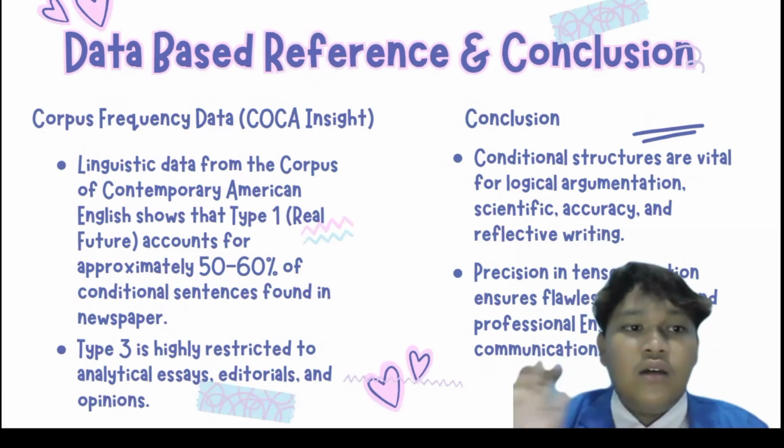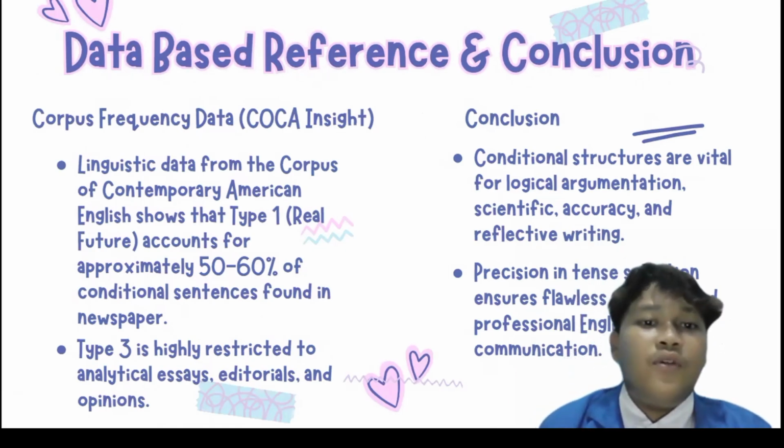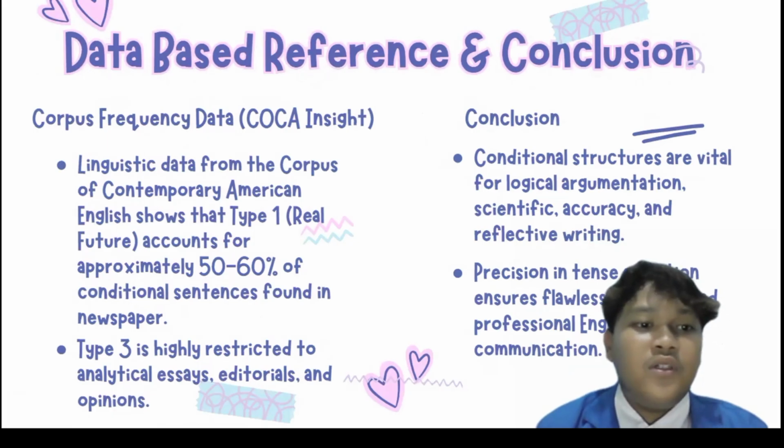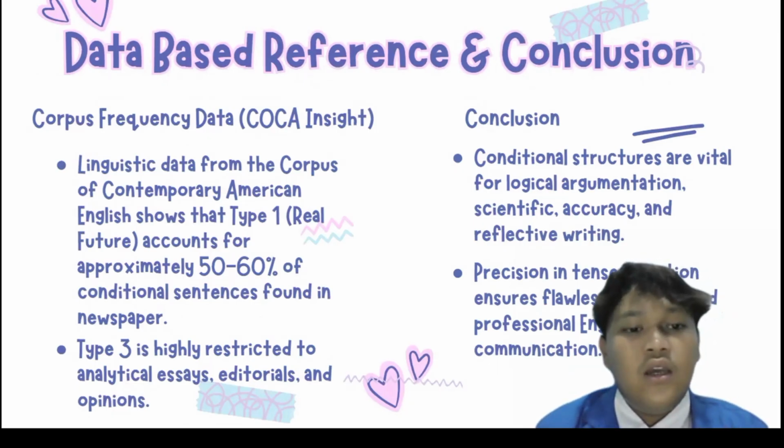And this is a database reference and conclusion. Linguistic data from the Corpus of Contemporary American English, or COCA, shows that type 1, real future, accounts for approximately 50 to 60% of conditional sentences found in newspapers.